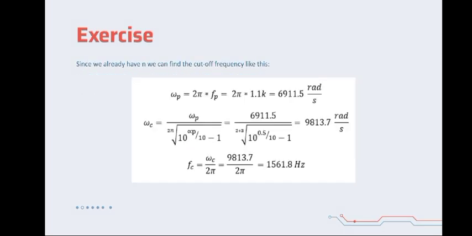Now, since we have the order of the filter, we can find the cutoff frequency with the equation we saw before.